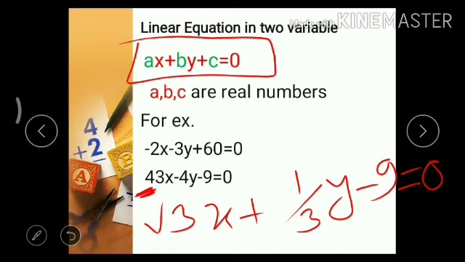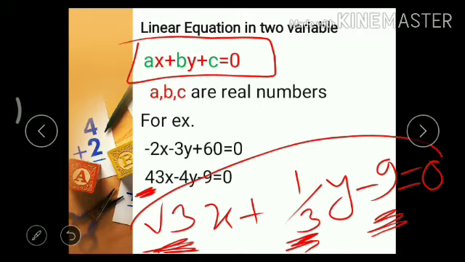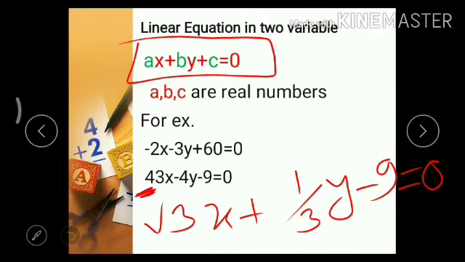In this case a is root 3, and root 3 is a real number. b is 1 by 3, which is also a real number, and c is minus 9, which is also a real number. So this has to be a real number, that's it. I hope you have understood.